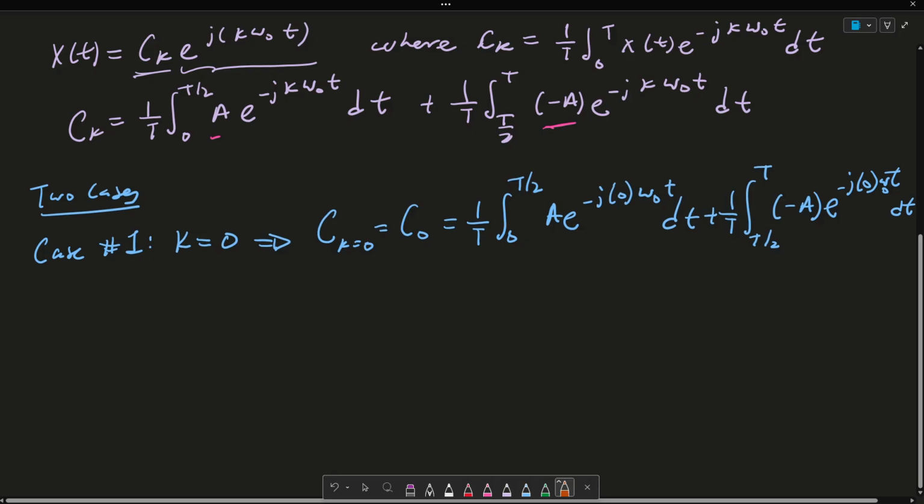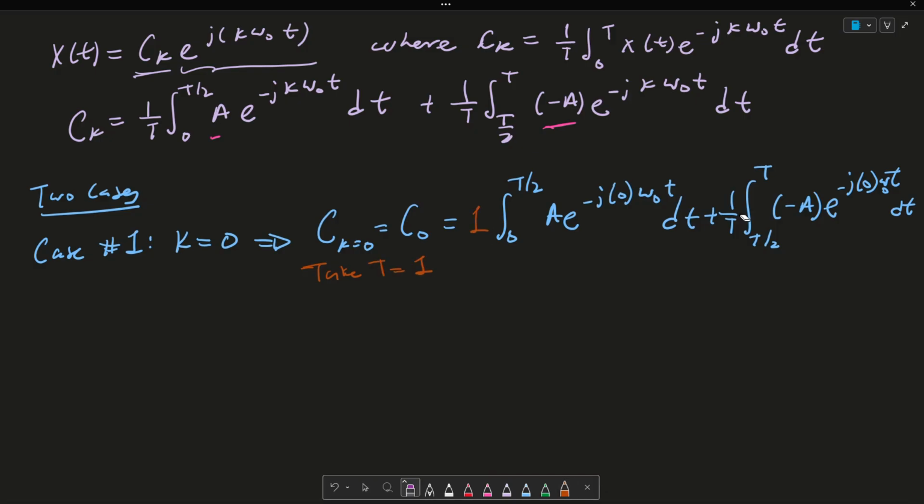What I'm going to do is I know T is equal to 1. So take T equal to 1. Then this becomes just 1, and here becomes 1. My limits become 1/2, and my limits here become 1/2, and here becomes 1.